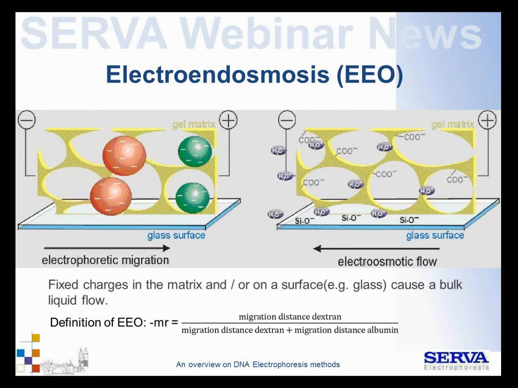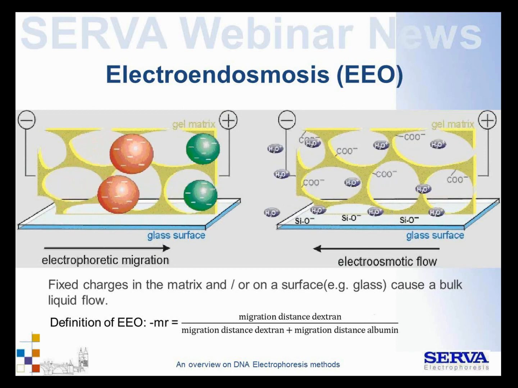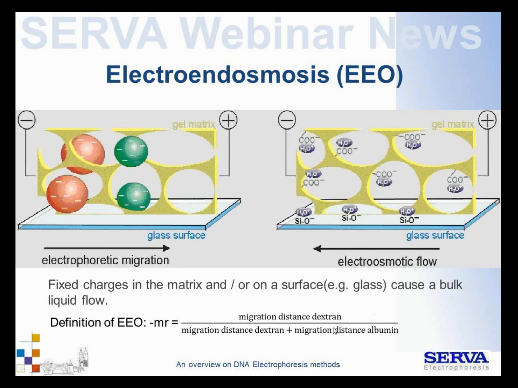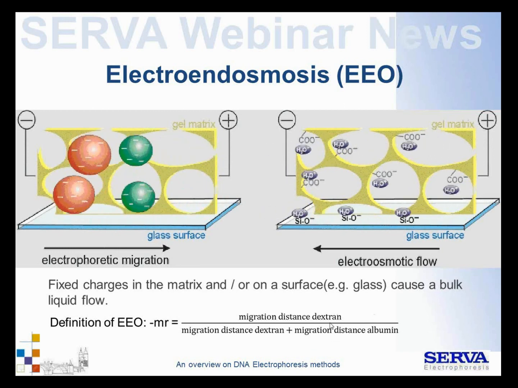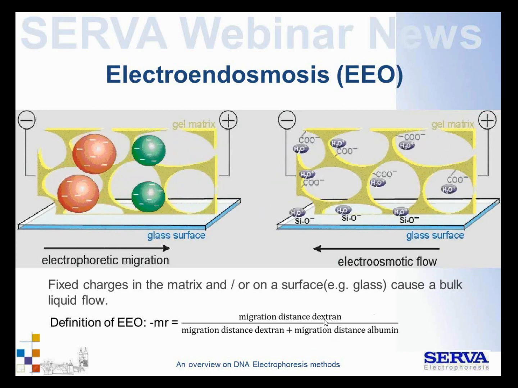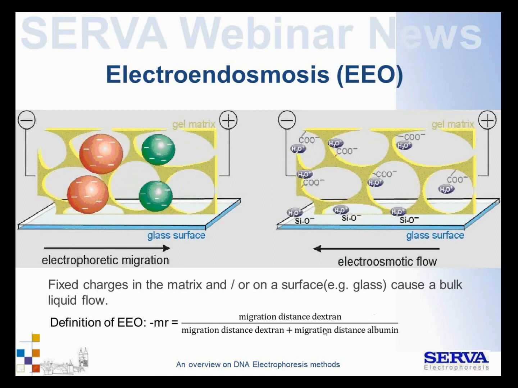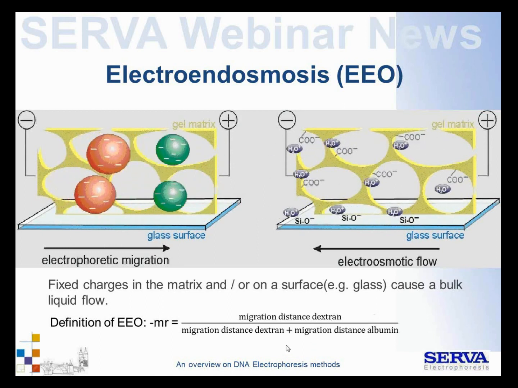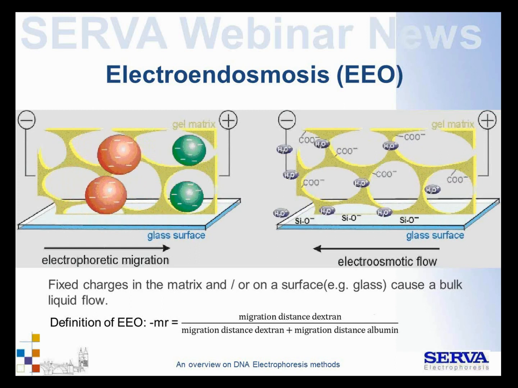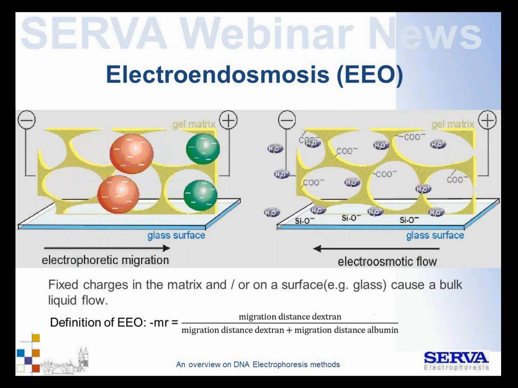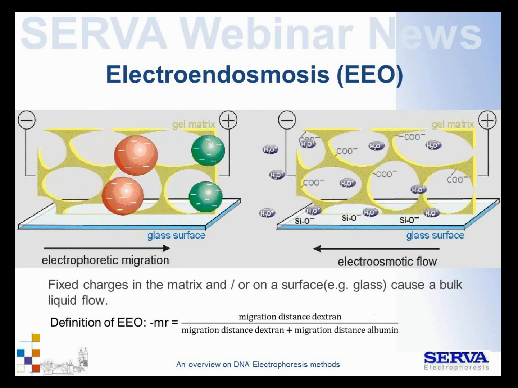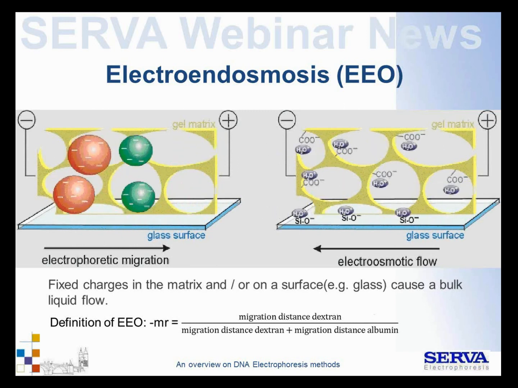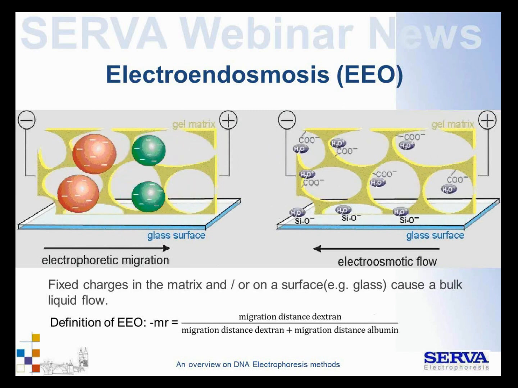The electroendosmosis definition is tested by applying a mixture of dextrane, which is electrophoretically neutral, and albumin on a gel. Then after a certain time of migration, the migration distance of the dextrane is divided by the migration distance of the dextrane plus the migration distance of the albumin.